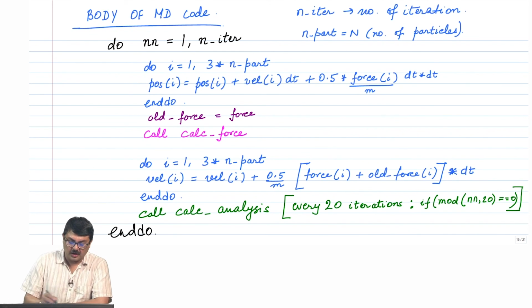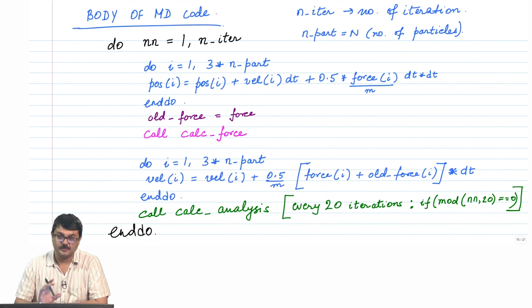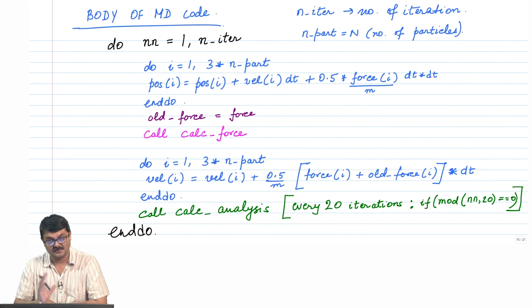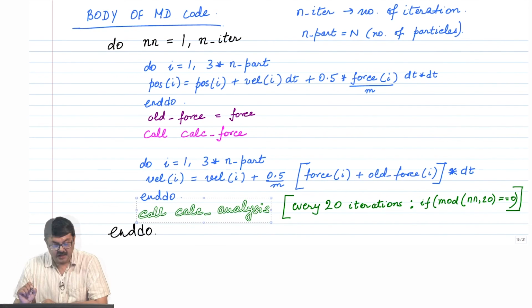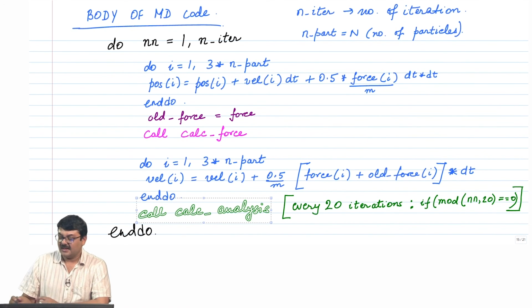Okay. So suppose you want to call your analysis subroutine, where you collect data to calculate thermodynamic quantities, every 20 iterations. Then you are going to call this calc analysis, the calculation of analysis, every 20 iterations. And how do you implement that?